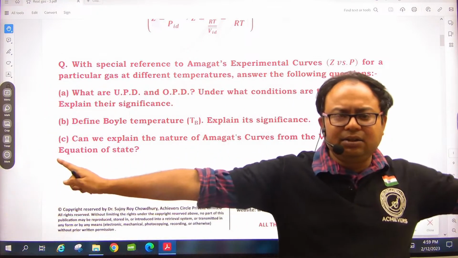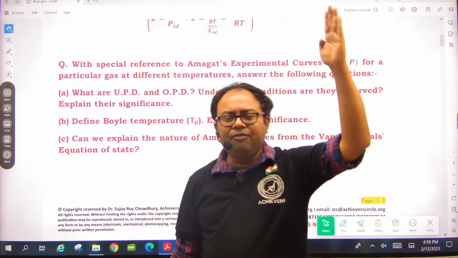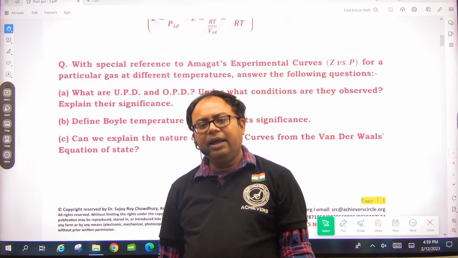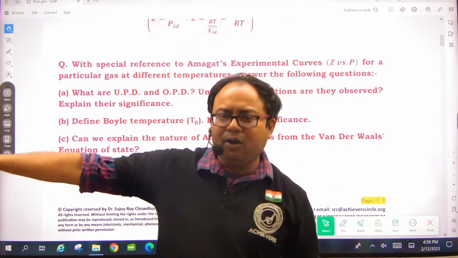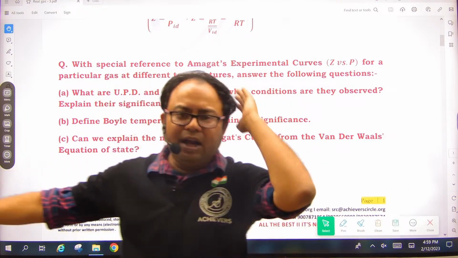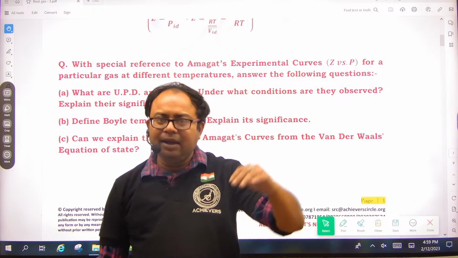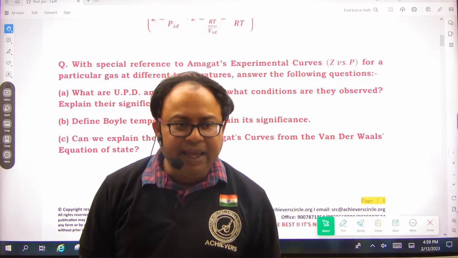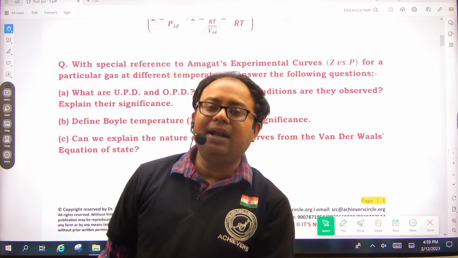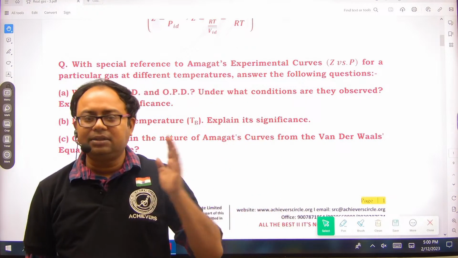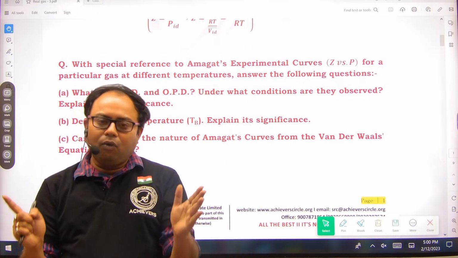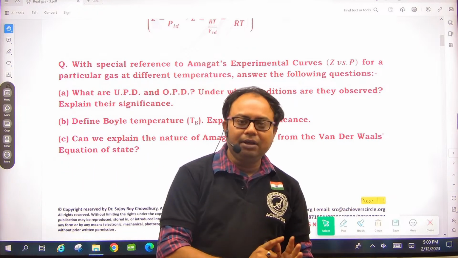Let us just know that you have got Z along y-axis and P along x-axis. And we are focusing only on type 1, where we'll be plotting Z with respect to P for a particular gas at different temperatures. And let's see what the experiment is giving.